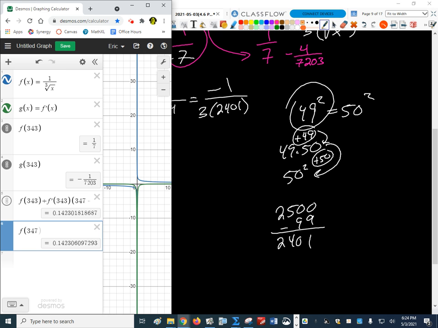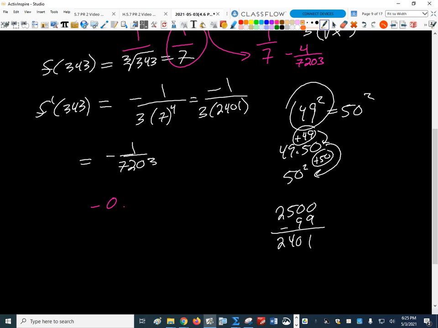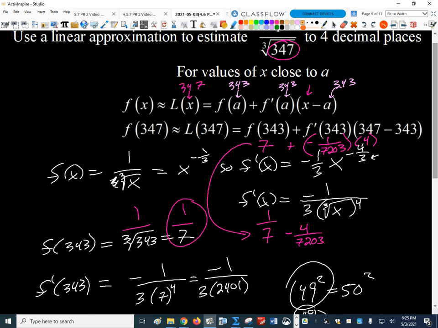And on this one, it turns out that if you had just plugged in the actual value of the function to 4 decimal places, it rounded the same thing. So you would have lucked out in this case and gotten it right. But on a lot of these, you wouldn't. Usually the answer that you get from the approximation is going to be off just enough that if you just put in the exact answer, it's not going to be correct.